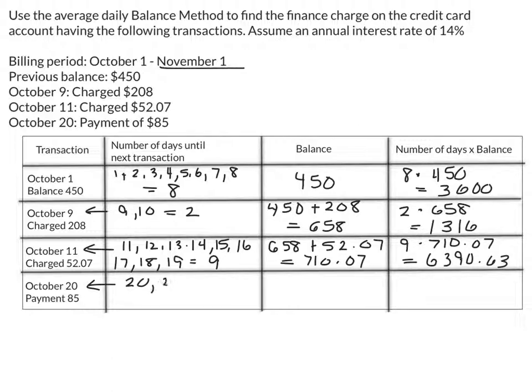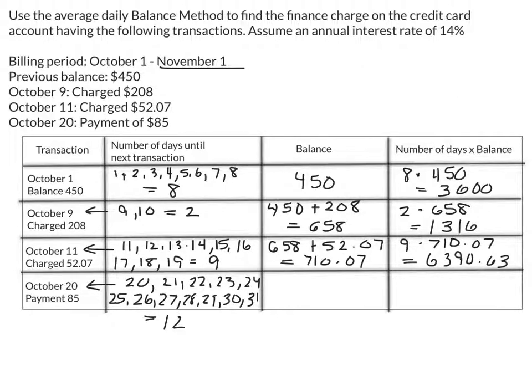I'll do the 20th, 21st, 22nd, 23rd, 24th, 25th, 26th, 27th, 28th, 29th, 30th, and 31st. That represents 12 days.